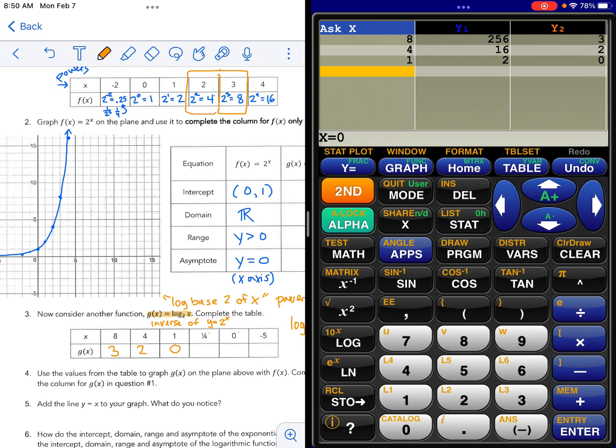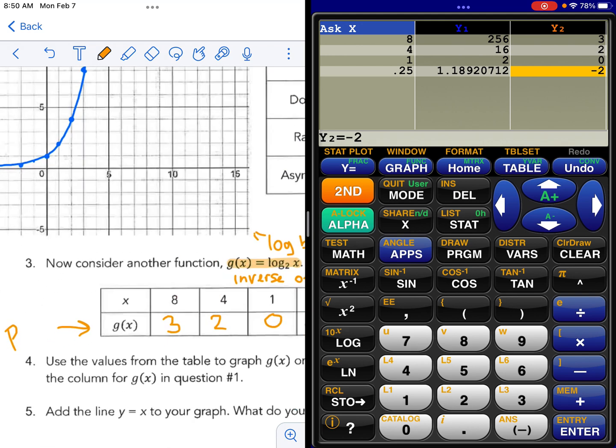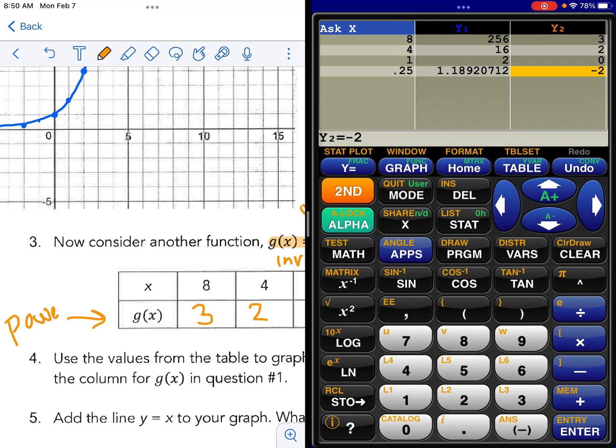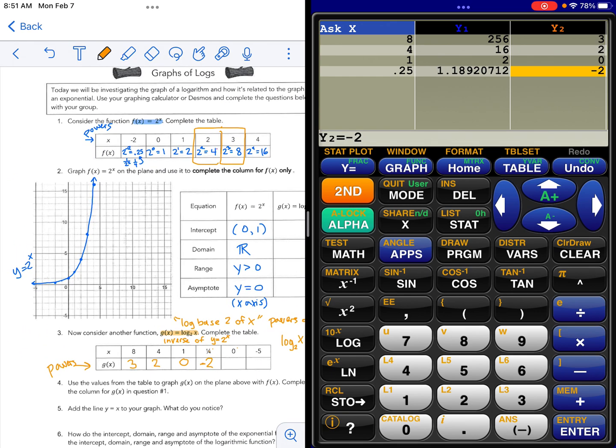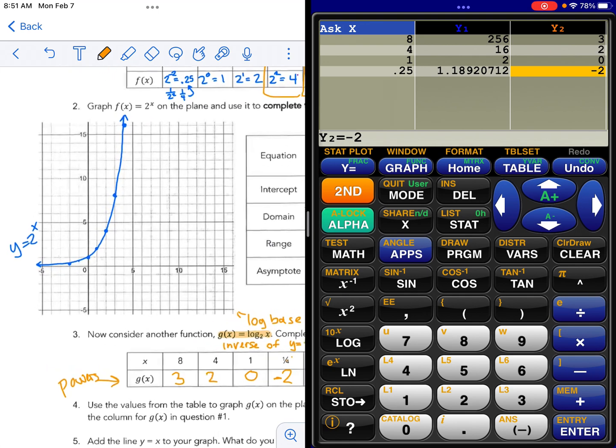And when x is 1/4, so it's 0.25, we get -2, right? Remember that negative power in our exponential table? So now what happens is these are the powers. These are the powers of the x values, right? Just like above, the x's were the powers of the y values. So there's that swapping that takes place.